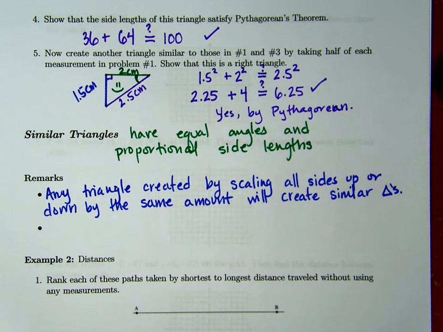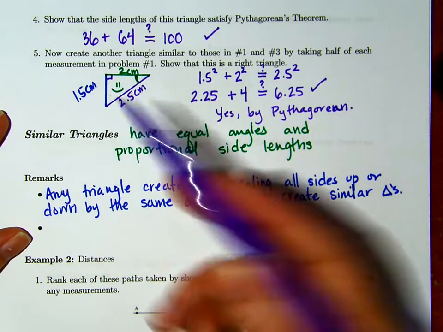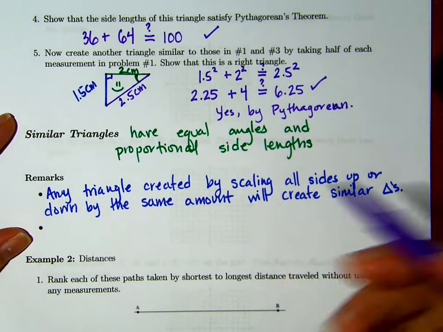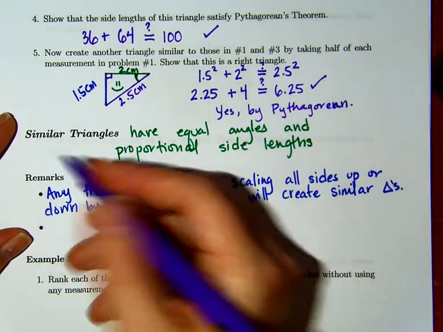And then another remarkable thing is that if this works for all triangles, then in particular it works for the ones that we were working on. So a right triangle scaled will still create a new right triangle.